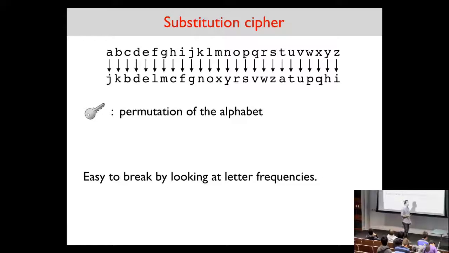It's easy to break because you can look at, for example, letter frequencies. So if I know the message that's being encoded is English text, well, I can say, you know, in English, I don't know, the letter X does not appear a lot. So I will look at the ciphertext. And let's say I'll look at the letter that appears the least number of times.